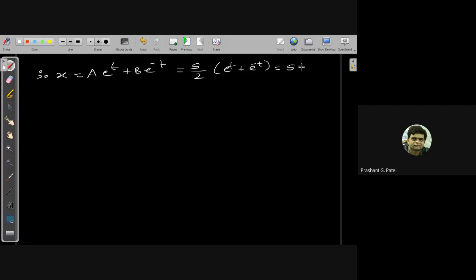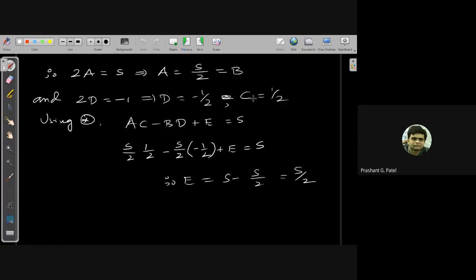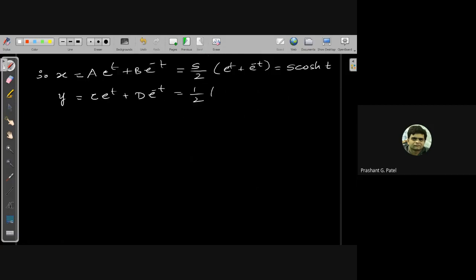So it is S cos hyperbolic of t. The value of y is c e power t plus d e power minus t. But the values of c and d are c is 1 by 2, d is minus 1 by 2. So 1 by 2 is common, e power t minus e power minus t. So that will be sine hyperbolic of t.